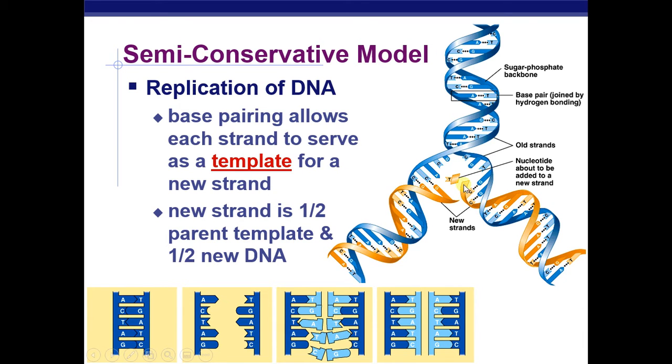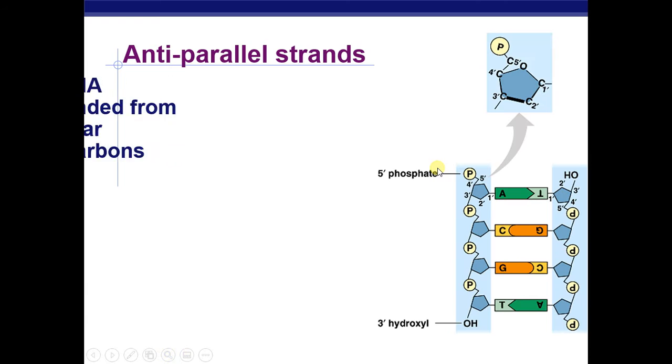So each of the new DNA double helices contains half completely newly synthesized nucleotides and half old. That's why it's called semi-conservative, because it only makes half of the new strand from scratch.